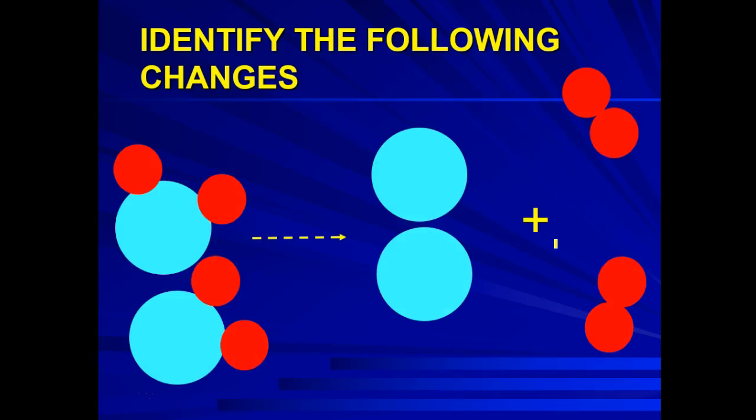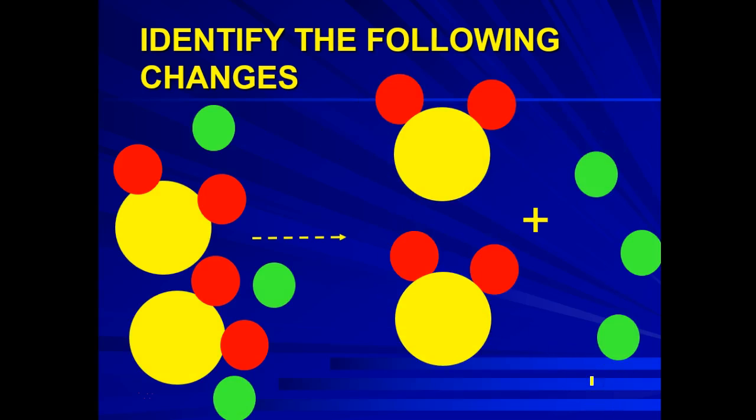So here, let's identify the following changes. If we take this compound and we turn it into elements, this is a chemical change. Okay, chemical change. This one is a physical change, because we've just taken the mixture and we've separated them.